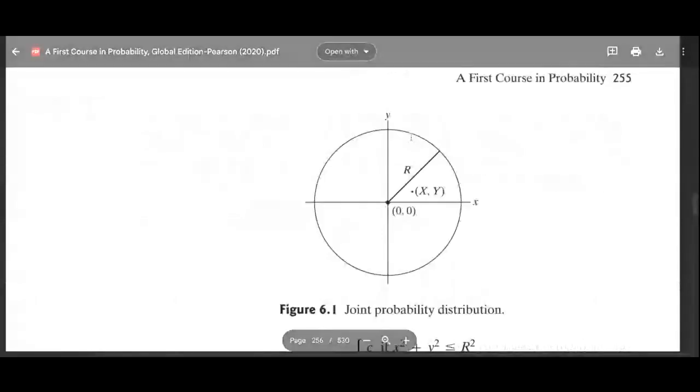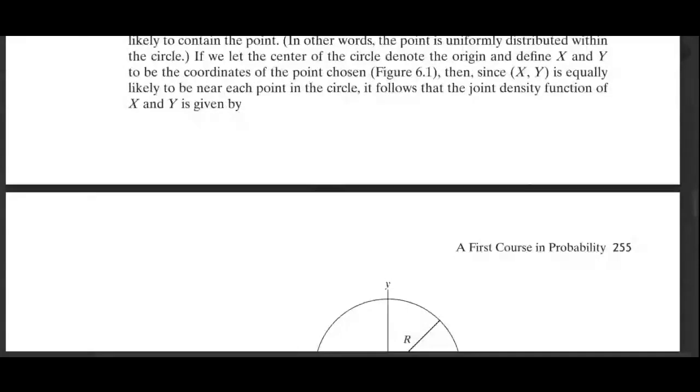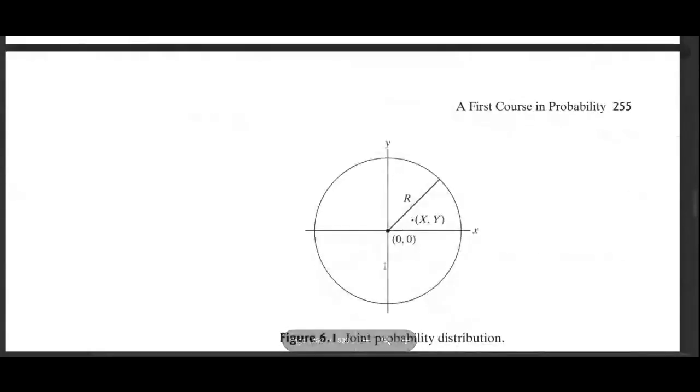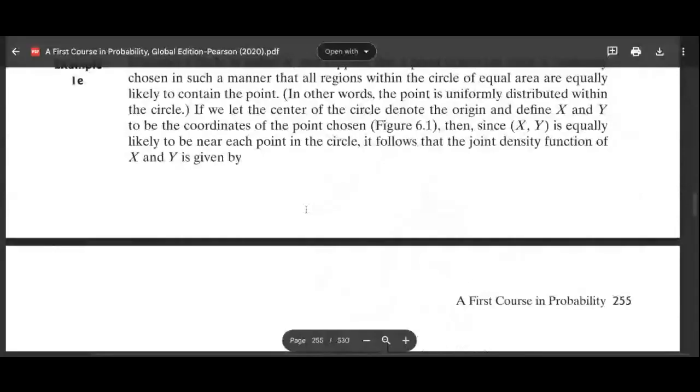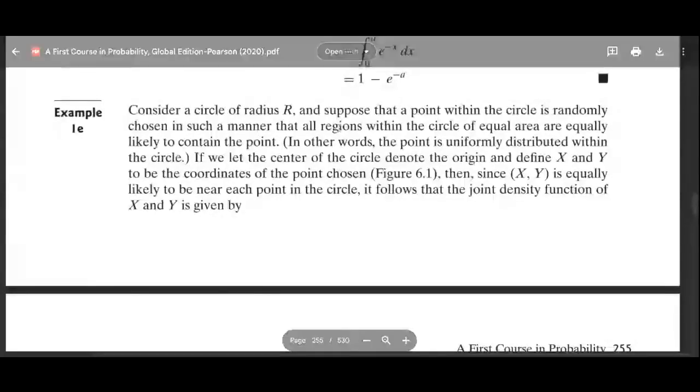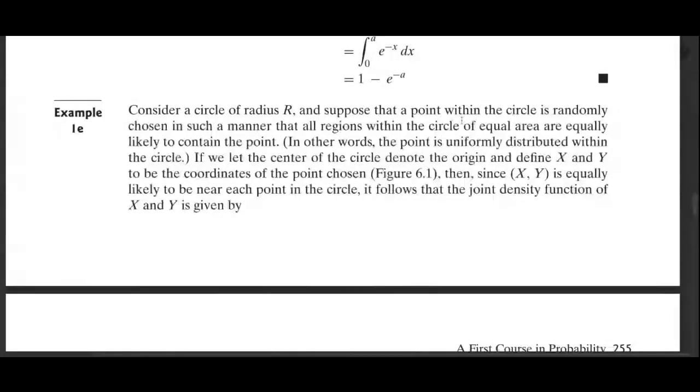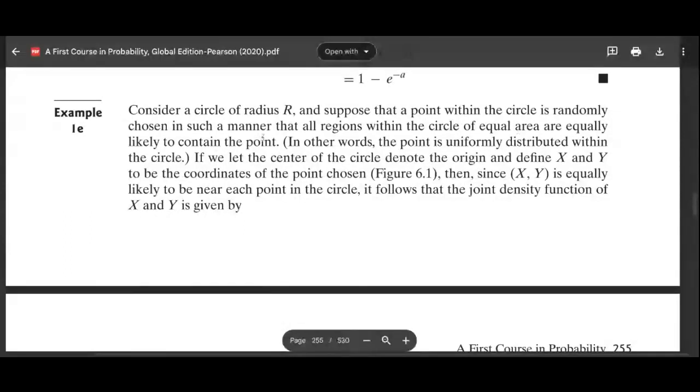So we have a circle of radius r, right? And suppose a point inside the circle, and the point can be in any quadrant, x, y. It is randomly picked in such a manner that all regions within the circle of equal area are equally likely to contain the point.